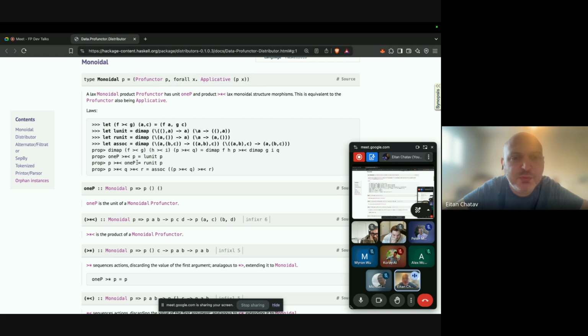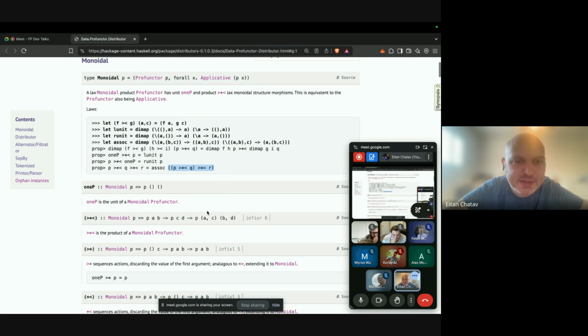And if we sequence 1p on the right, that's the same as our right unit isomorphism. And finally, sequencing is right associative, so there's an implicit parenthesization, and that is equal to reassociating for the left associated sequence.